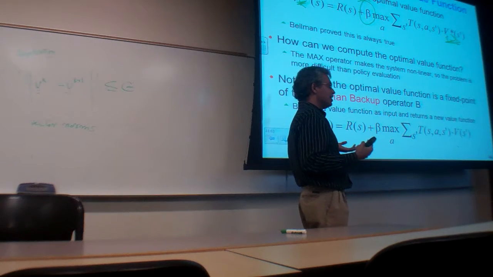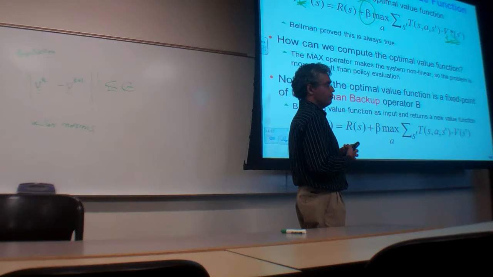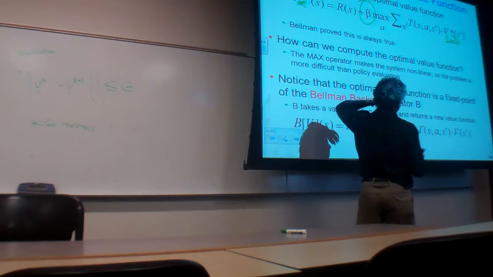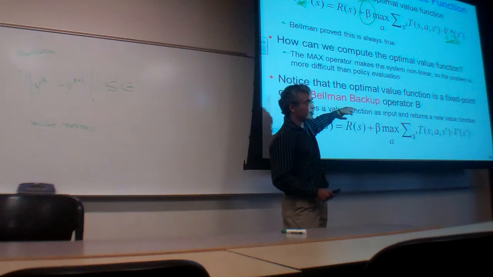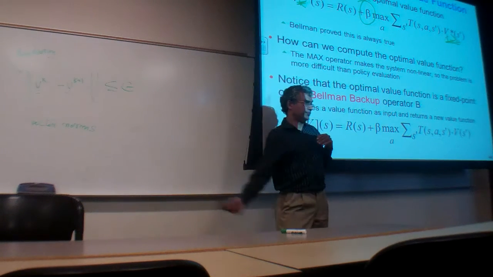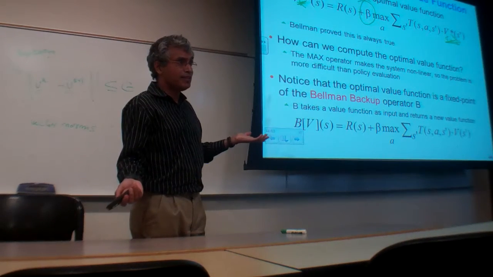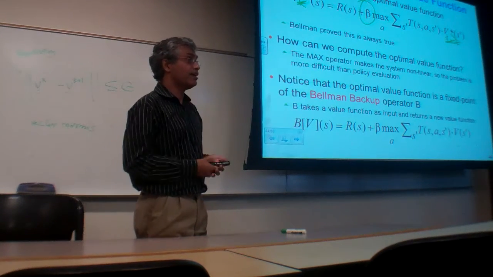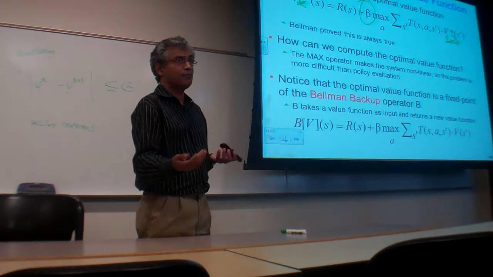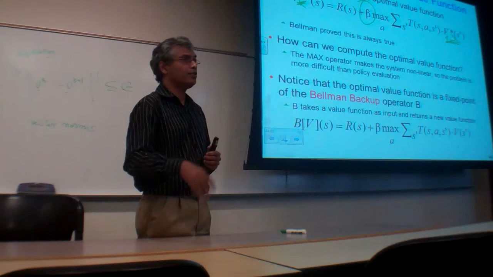You keep doing this until the value function before and after remains the same. So the optimal value function is a fixed point of the Bellman backup operation. From an algorithmic point of view, you just do this many times until the distance between the two iterations is less than some pre-specified threshold, then you're done.